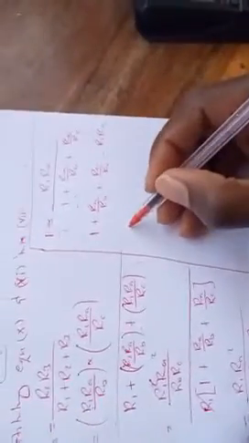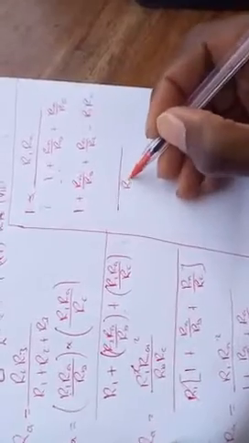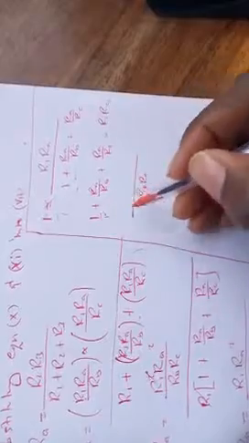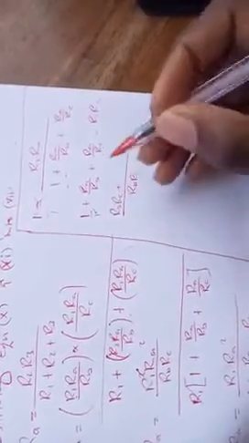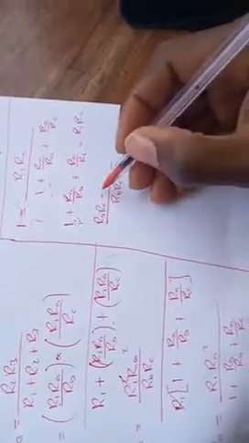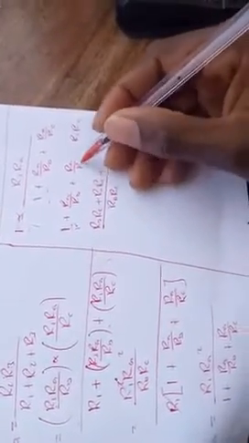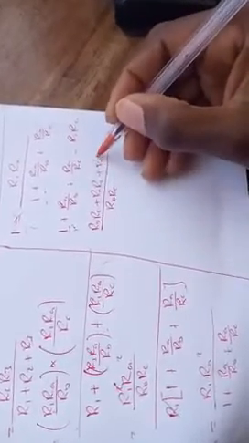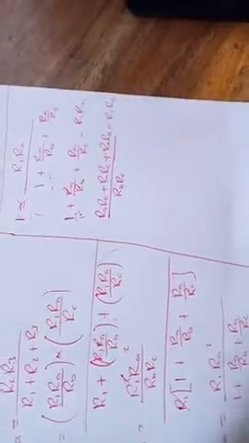This again, I can get the common denominator, which should be RB RC. 1 in there to give me RB RC. Then the remaining thing, RC, so it will be RC by that, RA RC. Remaining RB, so it will be RB by that, RA RB, equal to R1 RA.